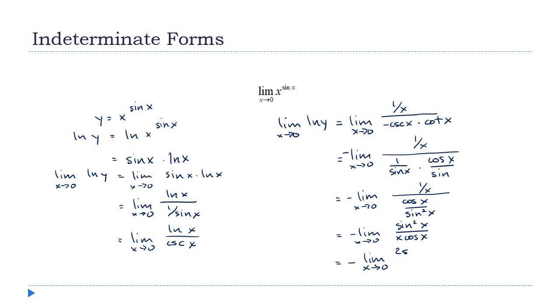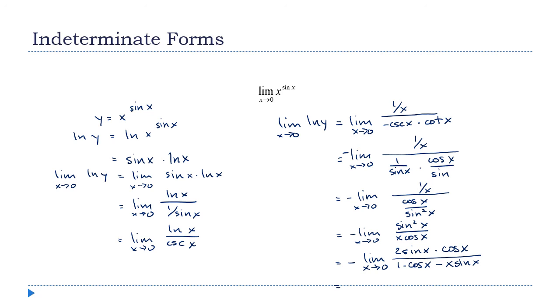This is 2 sine of x times the derivative of the sine of x, which is the cosine of x, over, and then down here I've got a product rule. The derivative of x is 1, so this is 1 times the cosine, and the derivative of cosine is minus sine, so this is minus x sine of x. And now I think I'm okay.